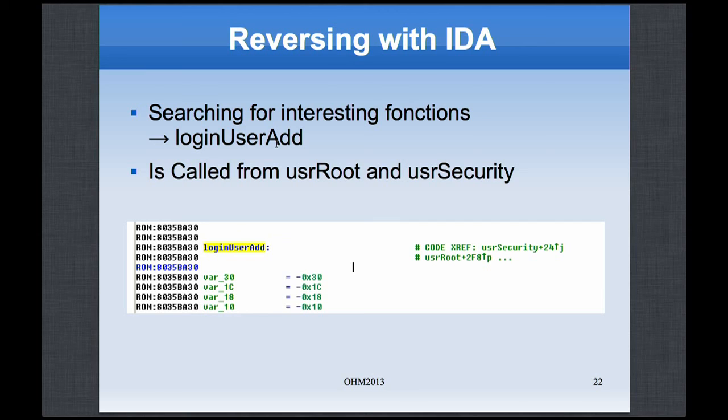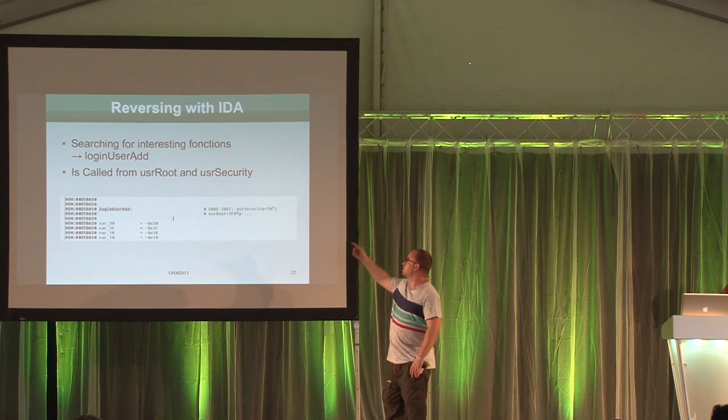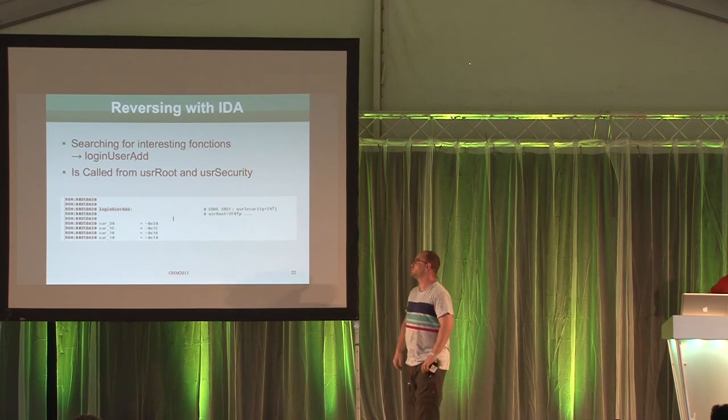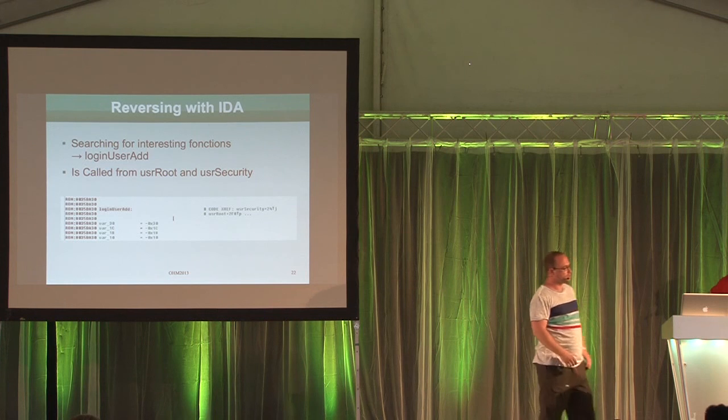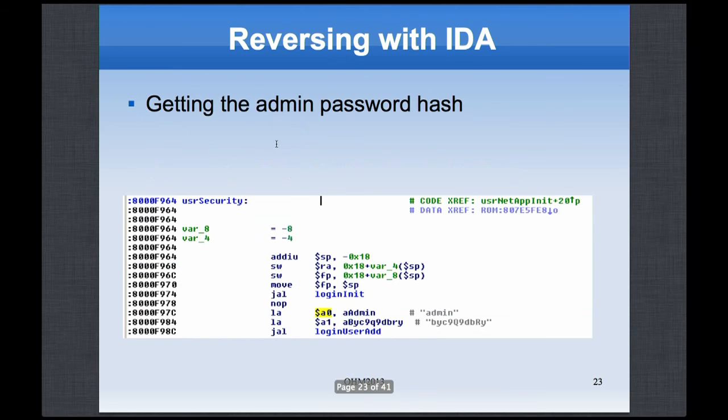So we'll look for patterns like auth, login, user, password, access, all those strings which can lead you to some interesting function. In this binary, we found the loginUserAdd function, which was called from userSecurity and userRoot. Thanks to cross-references, we can go back in the backtrace of the function to get its parameters.